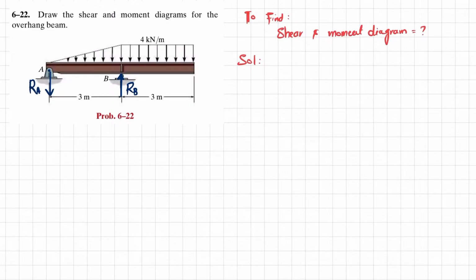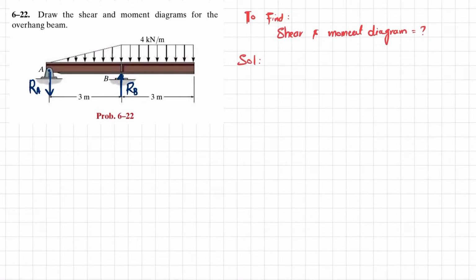I have taken RB upward and RA downward because, due to this load, the beam will tend to move upward, so RA should be downward. We'll find these reaction forces by using the equilibrium conditions.